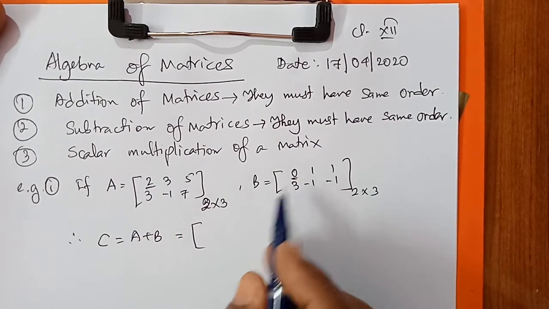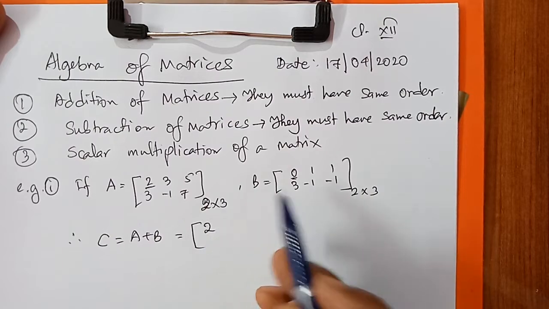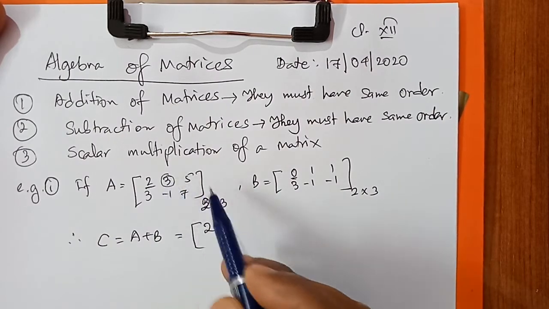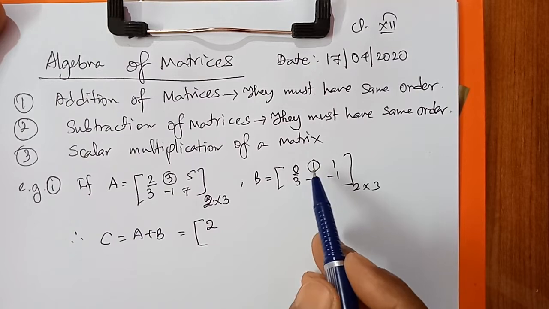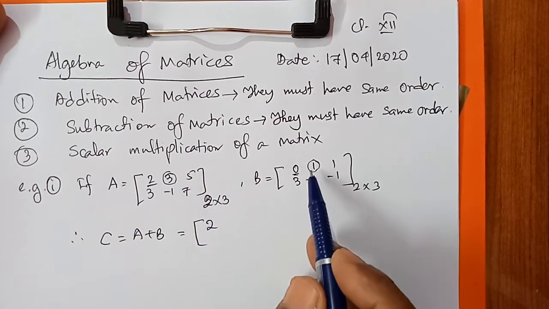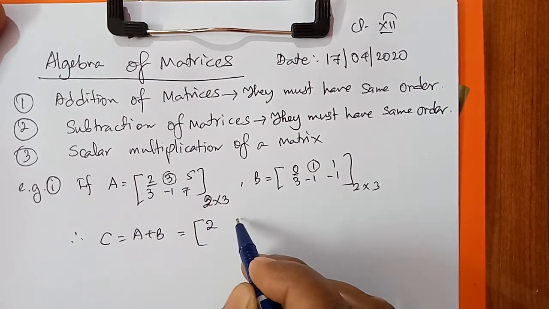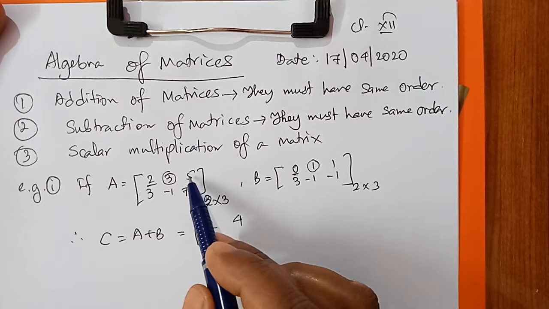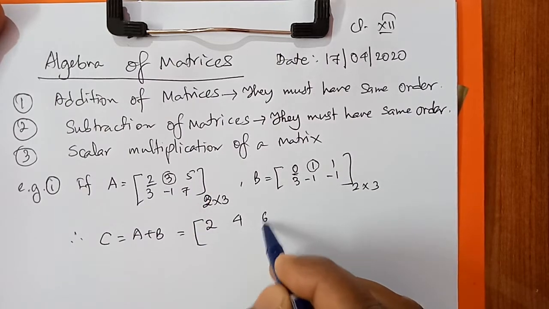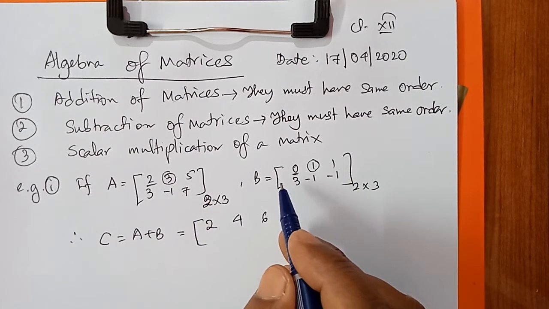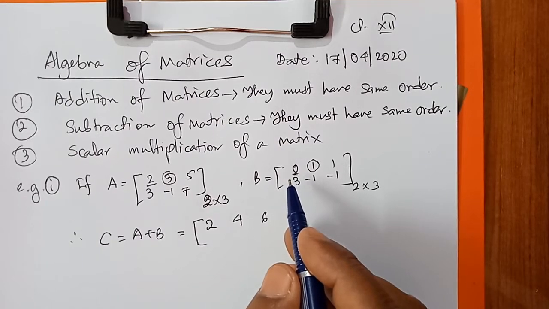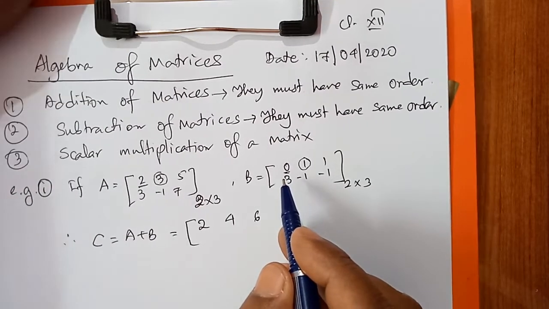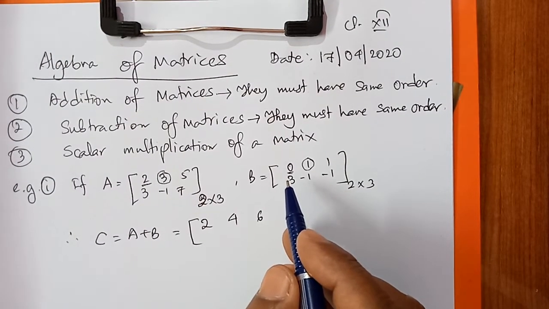So add 2 and 0, 2 plus 0 is 2. Next, first row and second column: 3 plus 1, 4. The same way 5 plus 1, 6. That means in addition or subtraction, you simply add the corresponding elements of the matrices, and you will get the addition or subtraction of two matrices.